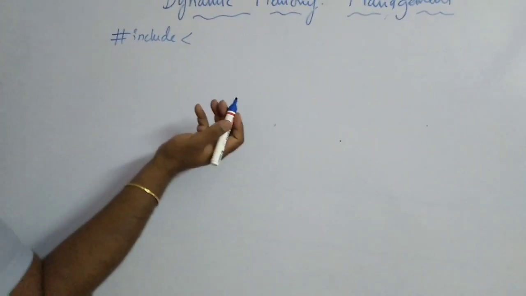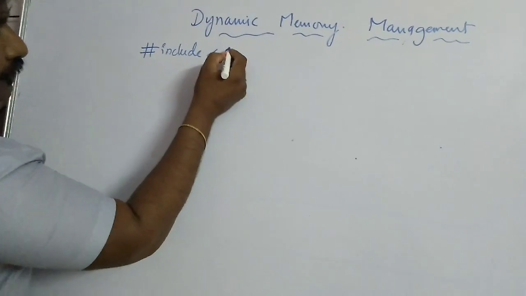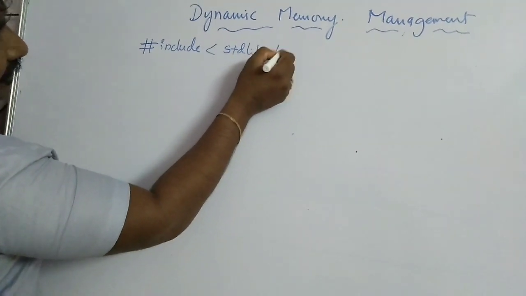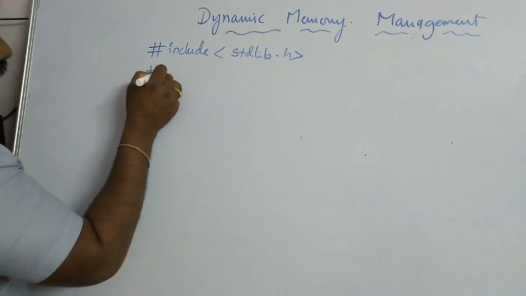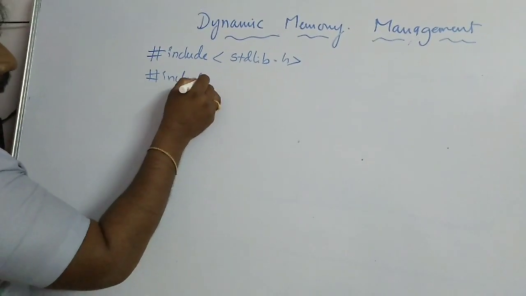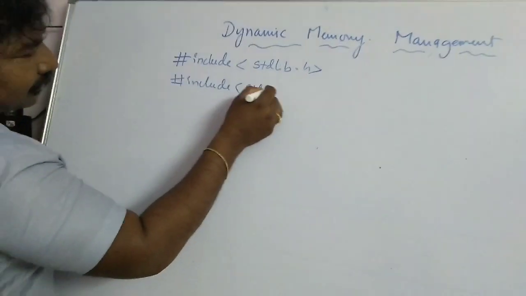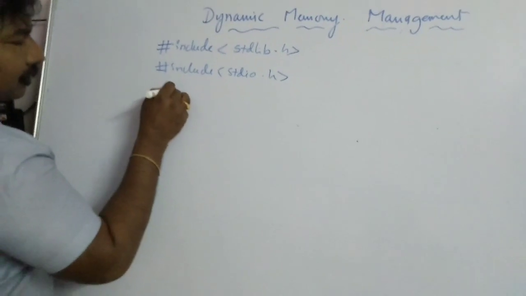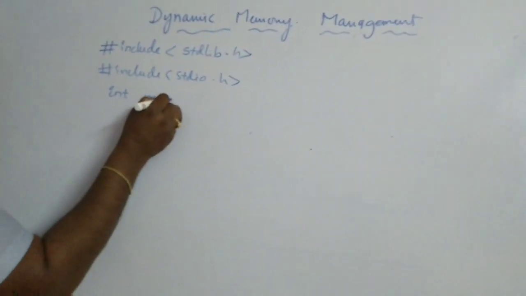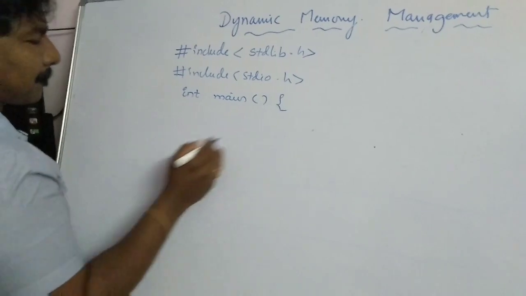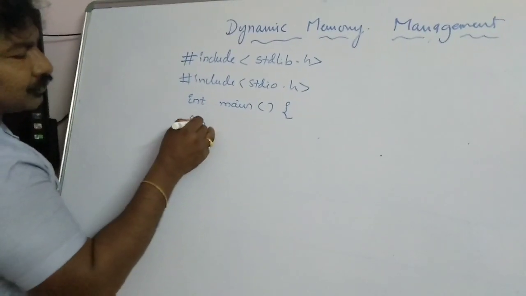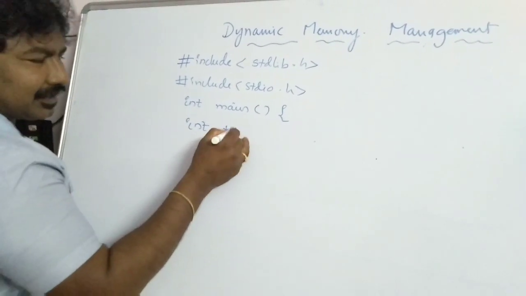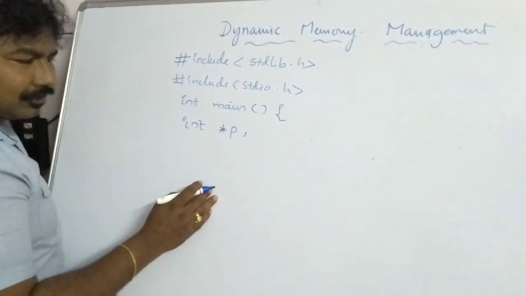Since I am using the malloc function in my program, I have to include a special file called stdlib.h, and as usual I have to include stdio.h to use all the functions like printf, scanf and so on. I want to create an integer array, friends. So I declare a pointer of integer type, int star p.